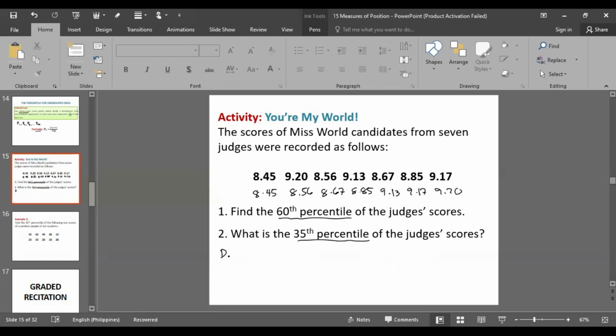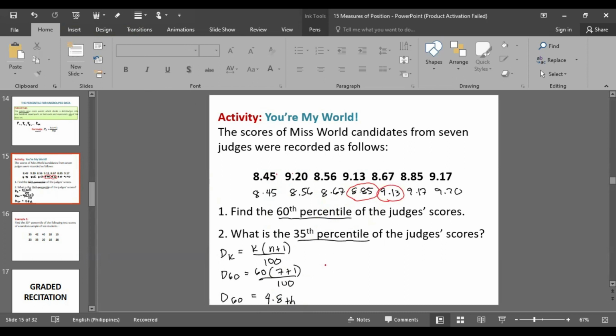So this is the formula. Replace K by 60. There are 7 scores. Therefore, the 60th percentile can be found in this position. Since it's 4.8, ibig sabihin, makikita natin yung 60th percentile of this distribution between the 4th and 5th score points.